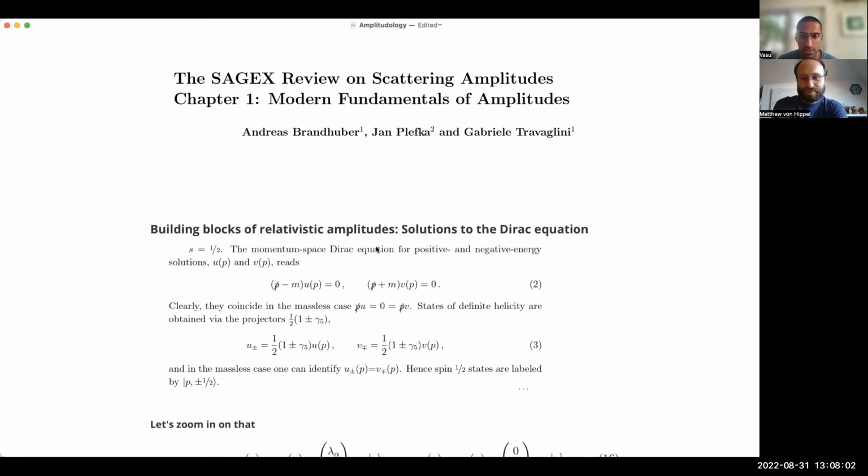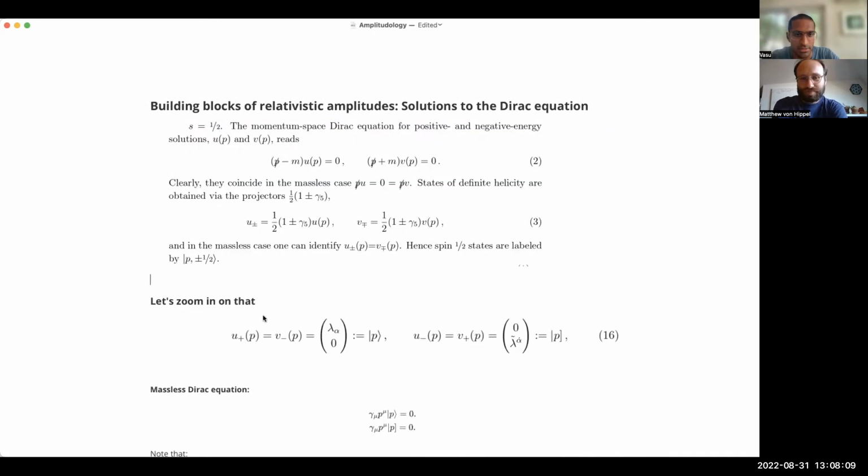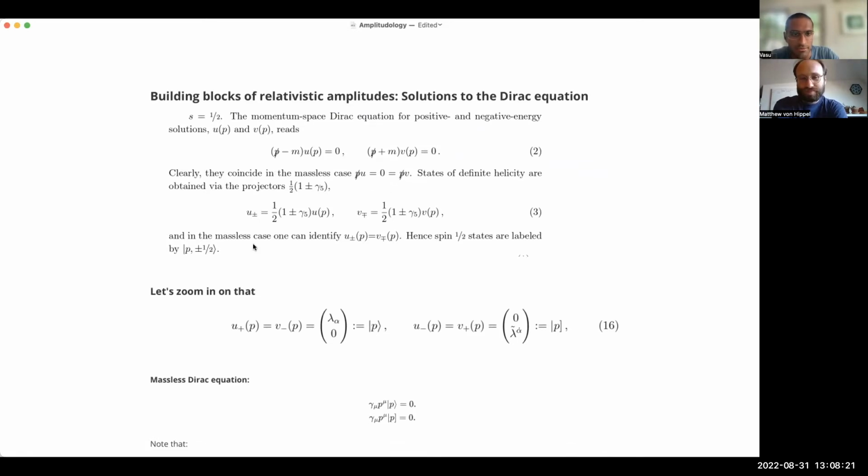for positive and negative energies. P slash means contraction of the momentum vector P with the Dirac gamma matrices. For the massless case, M goes to 0, and U plus is identified with V minus, and U minus with V plus.